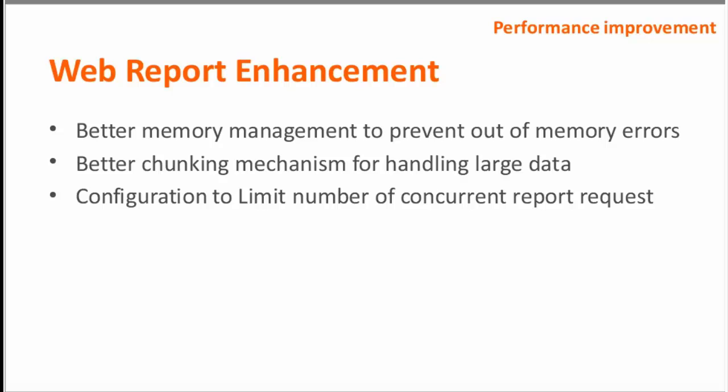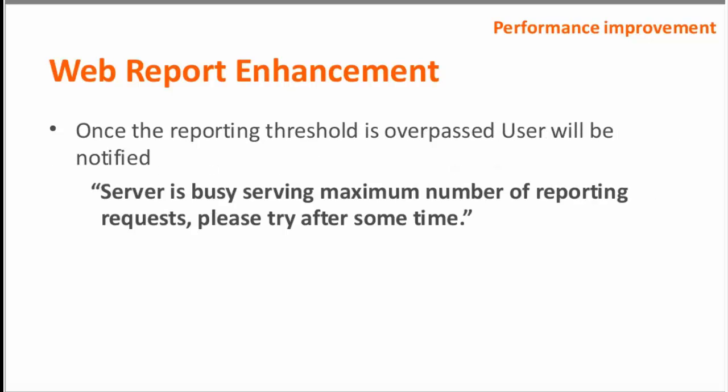If you provide 50 for that value, and the system receives more than 50 requests for running a report, then it will show an error to the user: server is busy serving the maximum number of reporting requests, so please try after some time. This type of preventive mechanism prevents the Midtier from going out of memory.